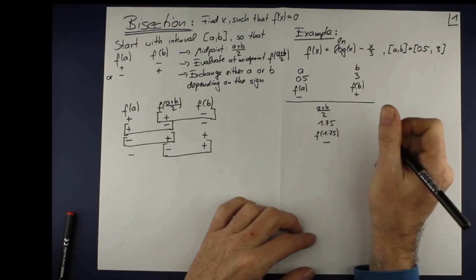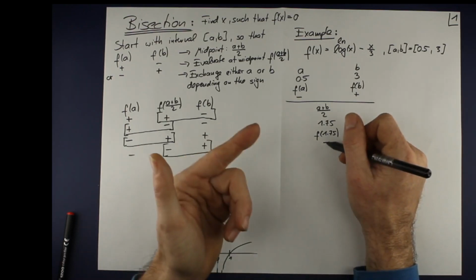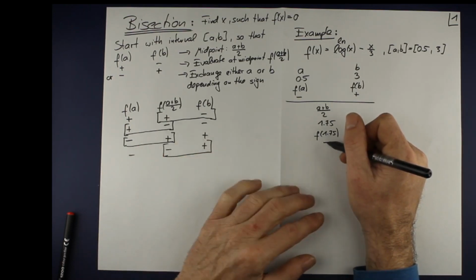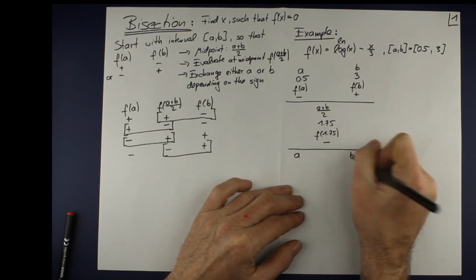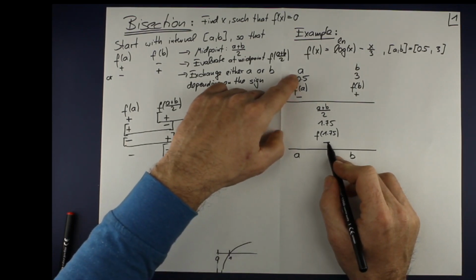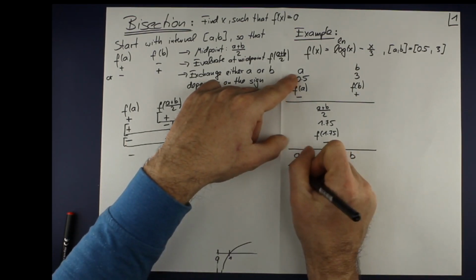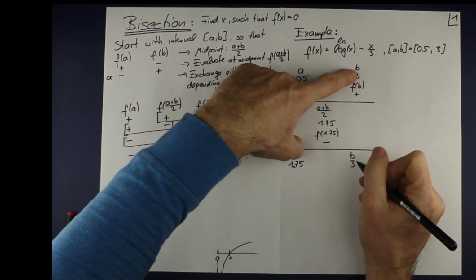The value of the negative number does not matter if you use bisection, we only have to know whether it's positive or negative. Okay, then we have the following situation: negative, negative, so we throw away 0.5 and use 1.75 instead, and b is 3.